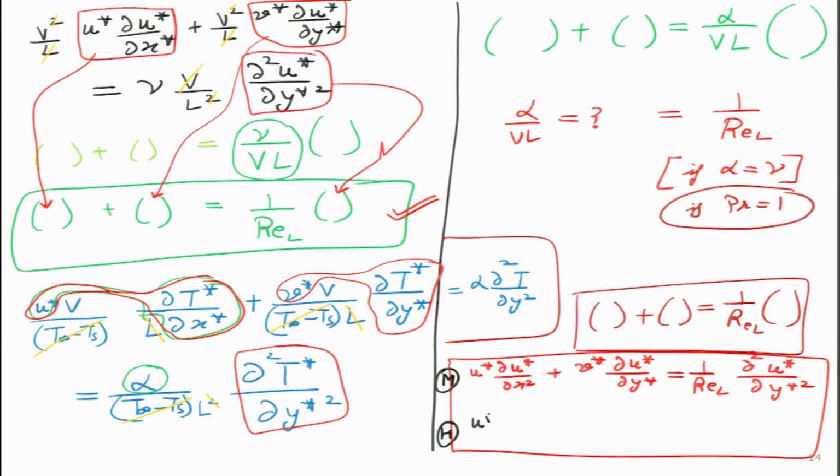It will become u star del T star by del x star, plus V star del T star by del y star is equals to 1 by REL del square T star divided by del y star square.